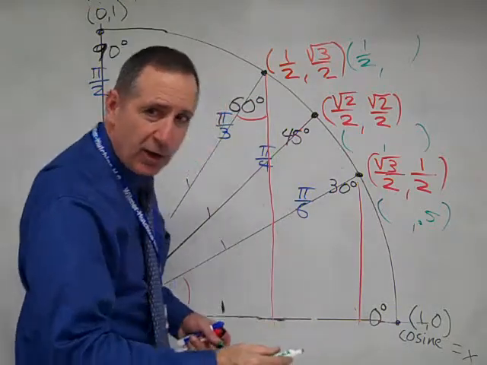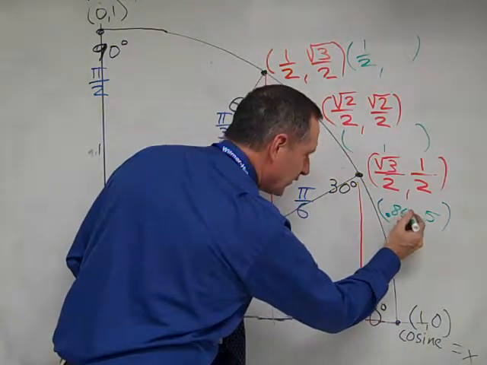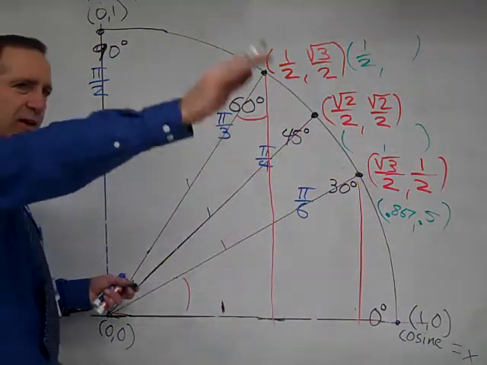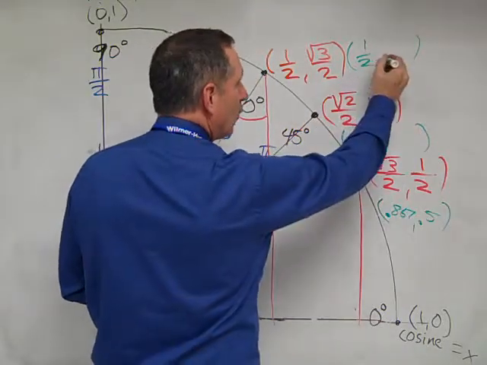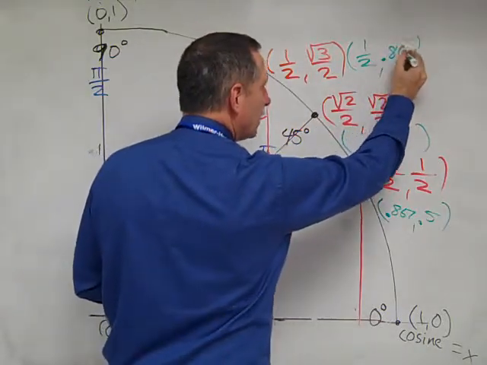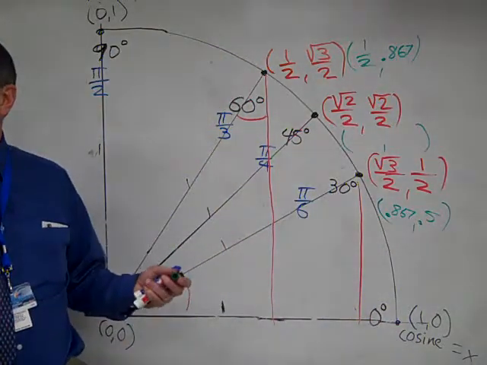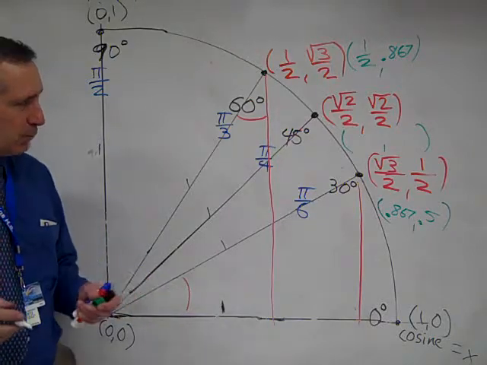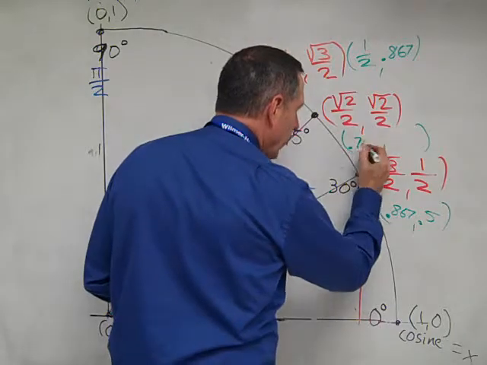And if you put that in your calculator, you're going to get approximately 0.867. It might be 0.866, and so on. And then over here it's going to be 0.867 also. And then square root of 2 over 2. Has anybody put that in your calculator yet? Square root of 2 over 2? 0.707. Yeah, so 0.707.